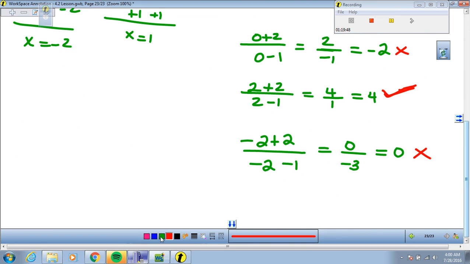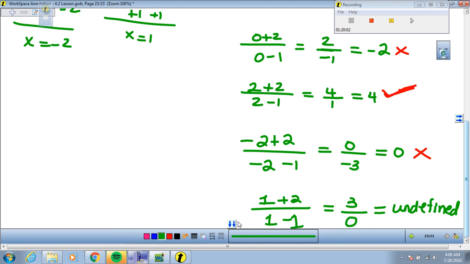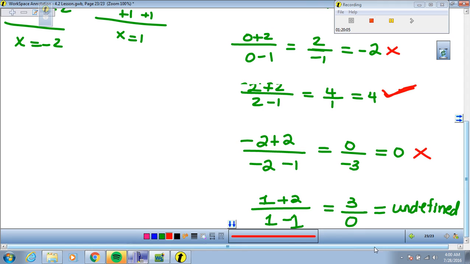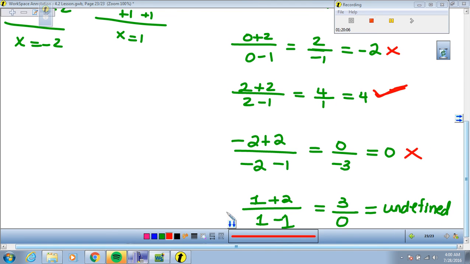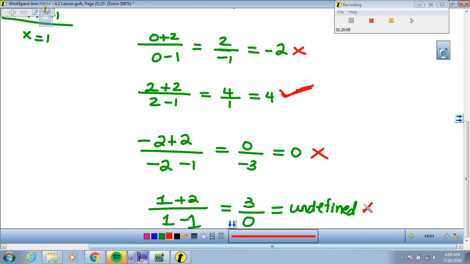And the last one is trying the 1. 1 plus 2 over 1 minus 1. 3 over 0. It's undefined. This is a non-defined operation. Division by 0 does not exist. So that means that obviously you're not going to include this one, right? This number, the 1.